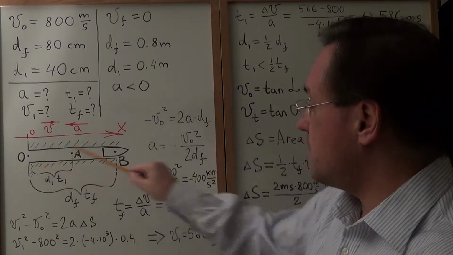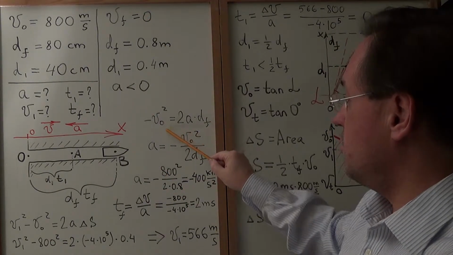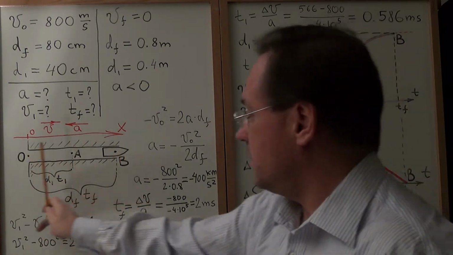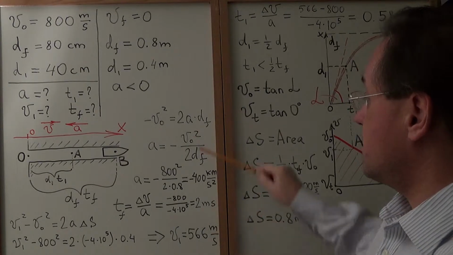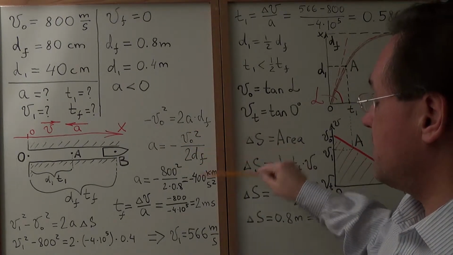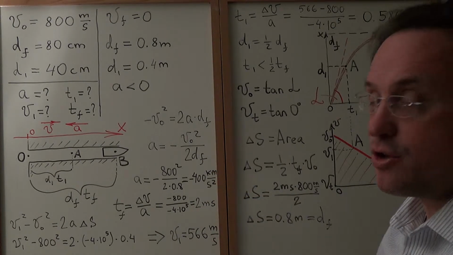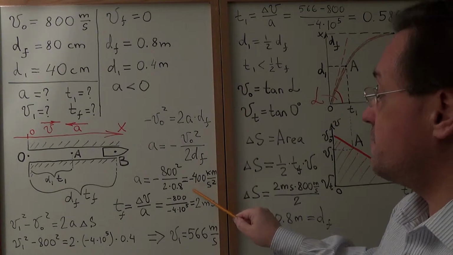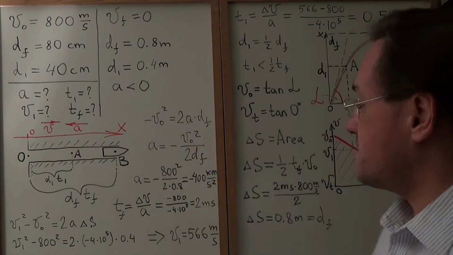For the whole trip from O to B, final velocity is 0. So in this formula we have total distance is the depth. So we have our acceleration negative 400 kilometers per second squared. Acceleration is negative because it's opposite to the x-axis.